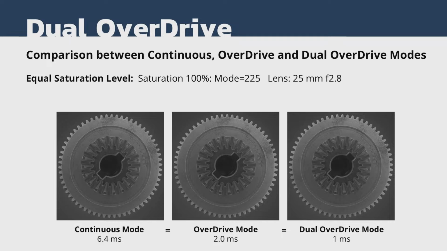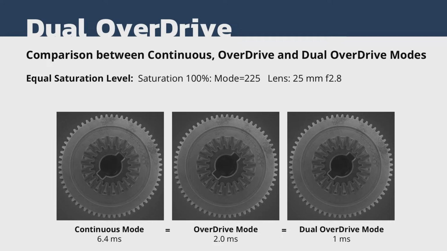And now as I move on to the next slide, you see the same comparison again, except we've done it with equal saturation levels. So now we've let each type level out to 100% saturation, or what we've defined as 100% saturation with fixed settings.